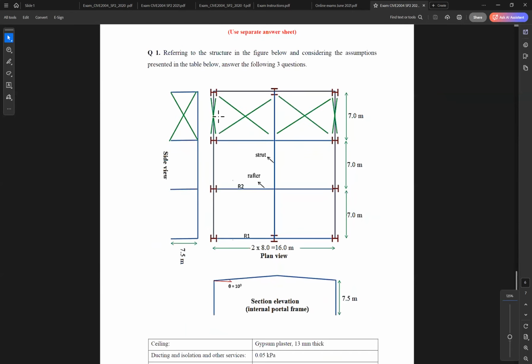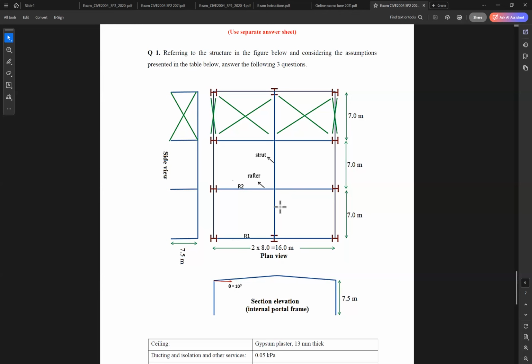So for example, we have a plan, side view, and elevation for the shed or for a warehouse. Referring to the structure in the figure below, considering the assumptions presented in the table below, answer the following three questions. So the first question, or the major question of the test, is the first one here.